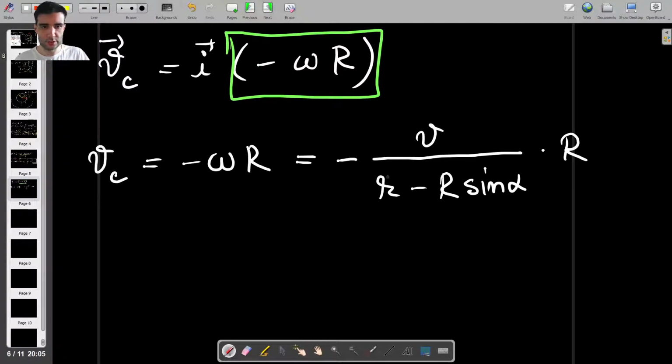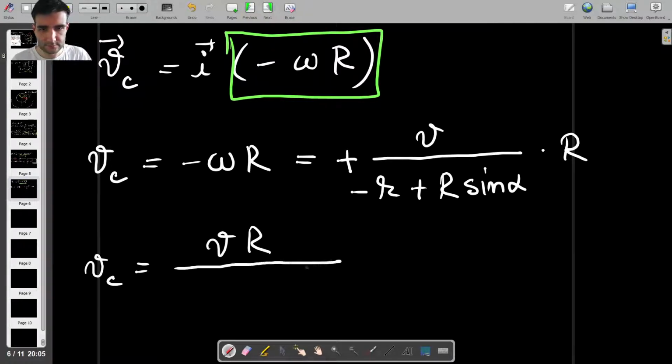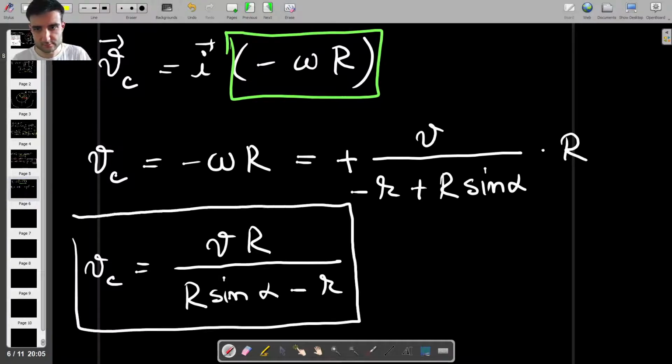Okay, and what I'll do now is I'll take this minus and put it in the denominator. So finally, the velocity of the center of the spool will be vR over capital R sine alpha minus small r. And the nice thing about this is you can actually see that this holds from a dimensional point of view.